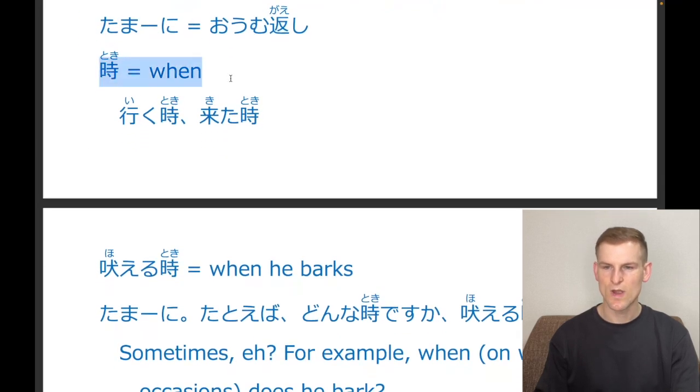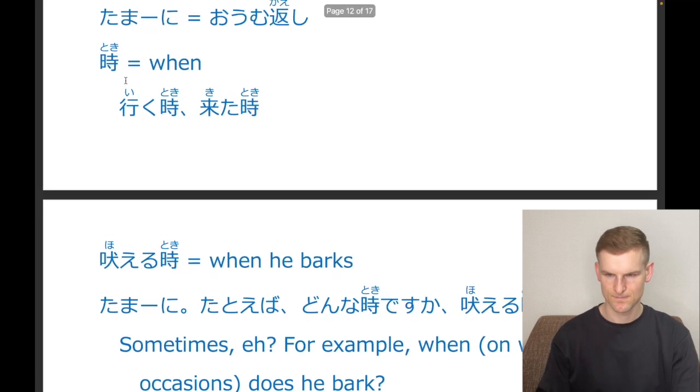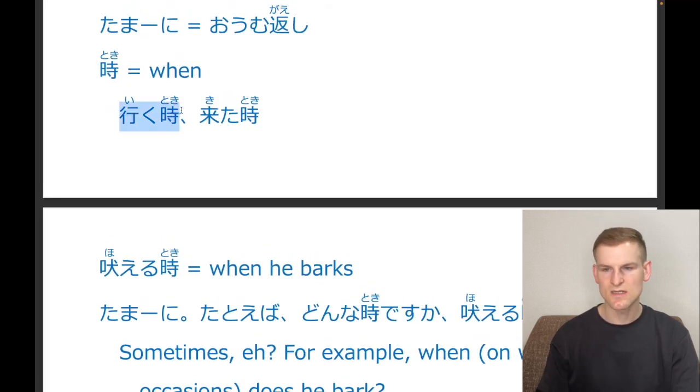Okay, so like I said, たまに is おむ返し. 時, when. Okay, so if you attach a verb to toki, you get when that verb takes place or took place, depending on the tense you use. Okay, so 行く時, when I go. 来た時, when that person comes. There's a little bit of a difference between using the present tense and using the past tense.